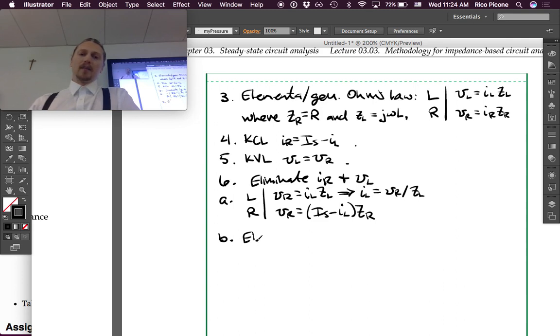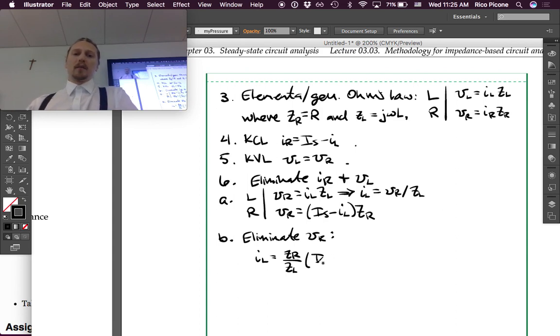So I'll say eliminate the VR, and we get that IL equals VR over ZL, so I am going to have this expression in there for VR, so I'm going to have a ZR in the numerator still, and a ZL coming in the denominator.